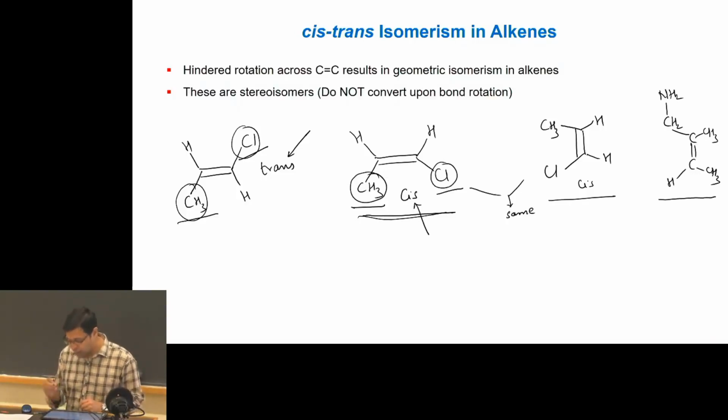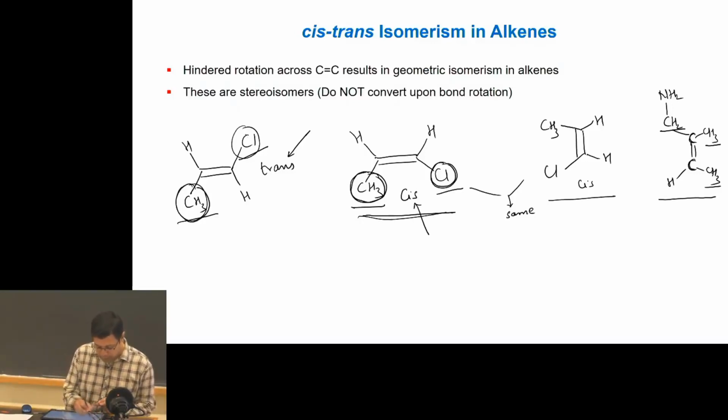Let's say I have this molecule. Now as you can see, for this molecule, on the double bonded carbons, you have 3 groups in total. So you cannot use cis and trans for that. Cis and trans works only when you're comparing the relationship between 2 groups.